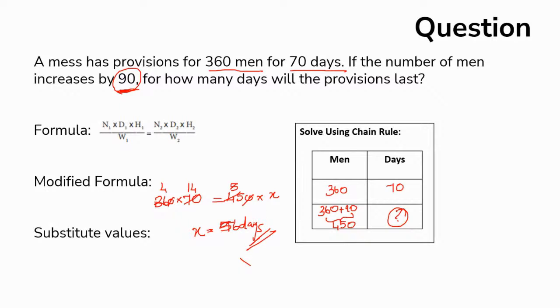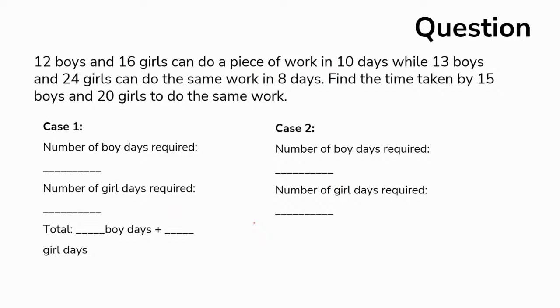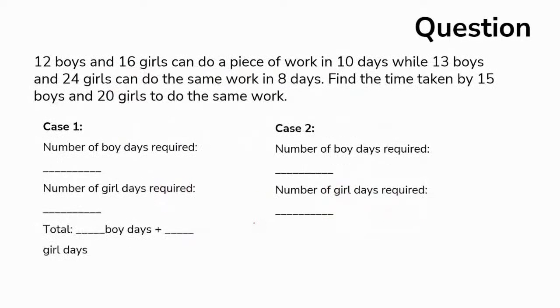So if 90 extra men come, the provision will last only 56 days. That is going to be your answer for this one, guys. And moving on to the next one. Try to read this, understand it, and then I'll explain how to do it.